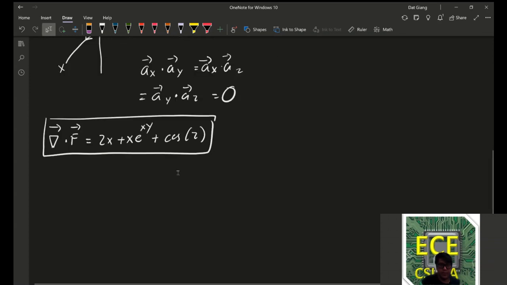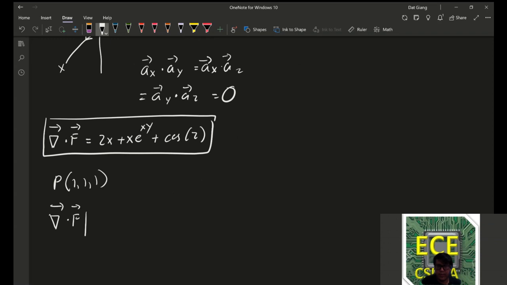So let's say we plug in a specific point. Let's say the point was 1, 1, 1. So we have the divergence of f at the point, and we get the following: 2 times 1 plus 1 times e to the 1 times 1, plus cosine of 1.